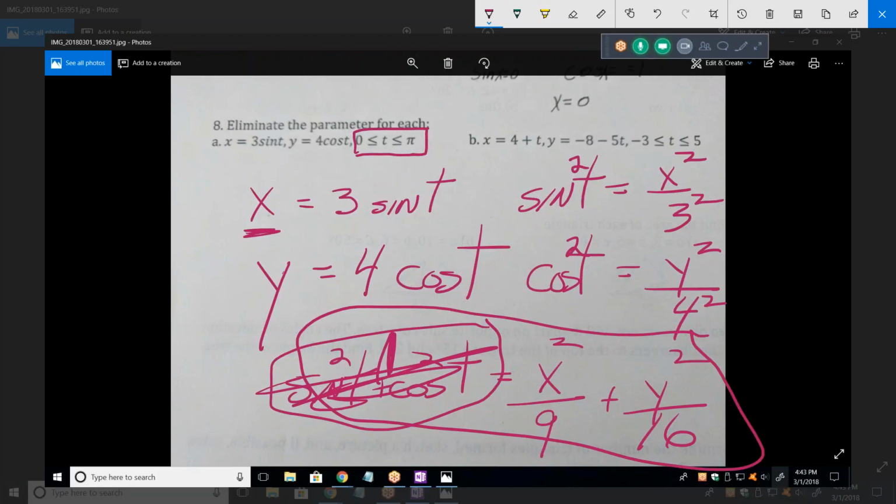I just would like to see their answer to see whether or not they add a domain to this final answer. In other words, what I've circled there is definitely the answer for number 8A, but I'm curious as to whether they want a domain given. Not spend too much time looking for it, though.